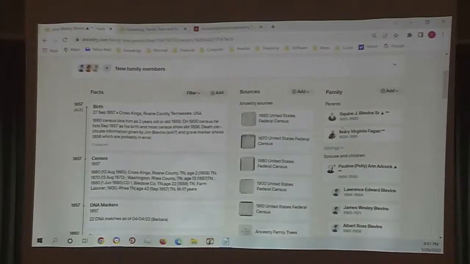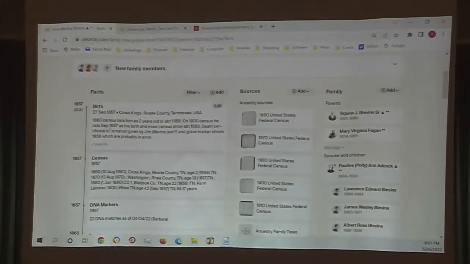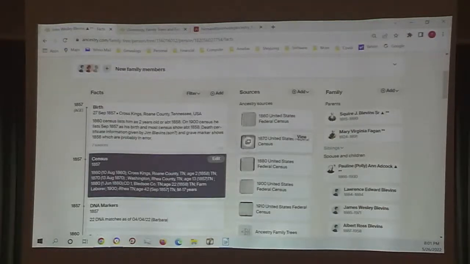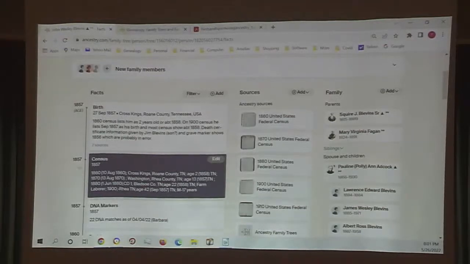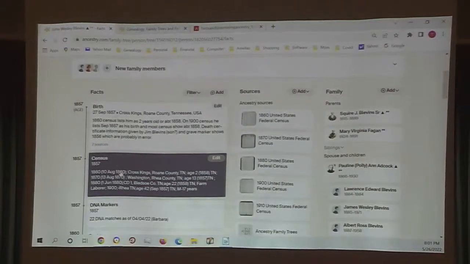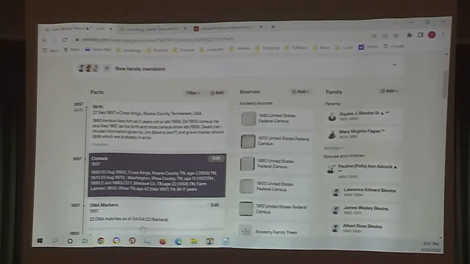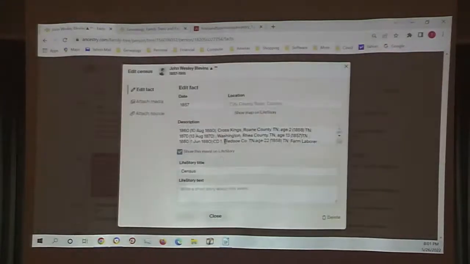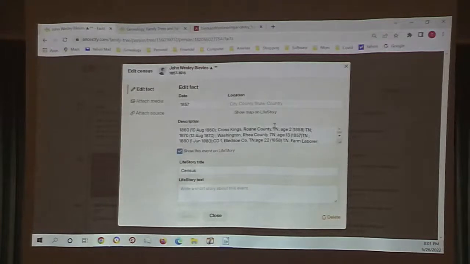Yeah. You can use the census for that kind of data. And you would also say, now also under this record right here, I created another called a census record, and I put the birth date 1857, so it shows up near the top, right? Because I want these records to be near the top of the profile. And then each census that I find, I put the information that was in that census.